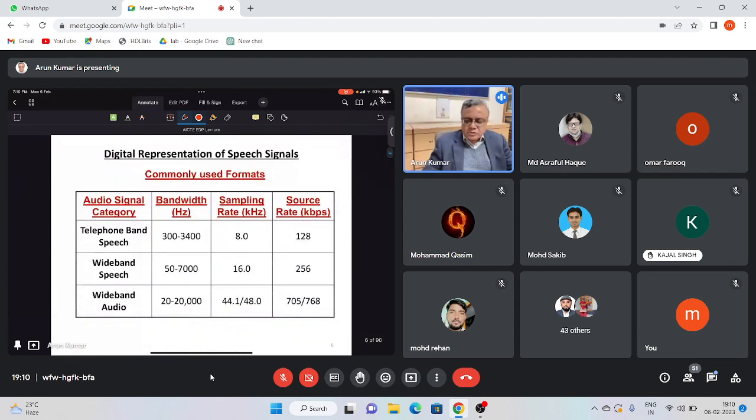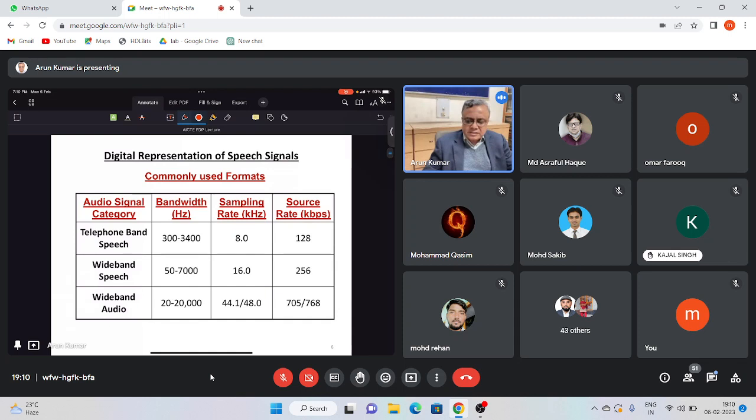Now, when it comes to technological applications, there are certain commonly used formats for the representation of the speech signal. The most common one being the telephone band speech, where a bandwidth of 300 hertz to 3400 hertz is used for telephony purposes.